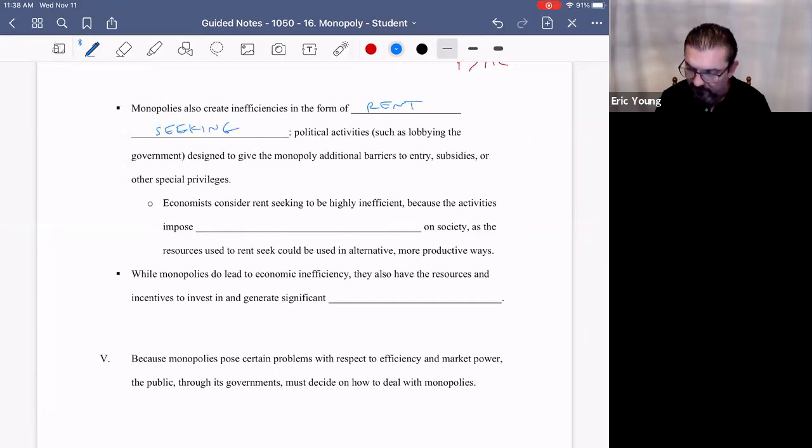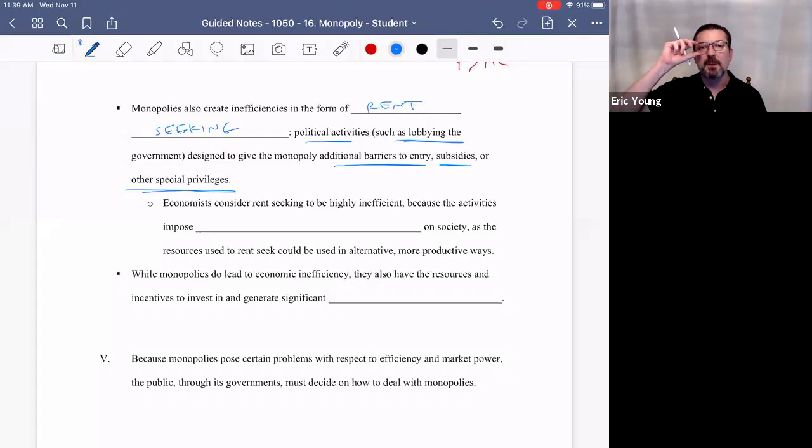Rent seeking behavior refers to when monopolies engage in political activities, especially government lobbying and influencing regulations. Okay, monopolies take their big war chest of cash and they deploy lobbyists in order to influence public policy to give the monopoly additional barriers to entry or subsidies or some other special privilege.